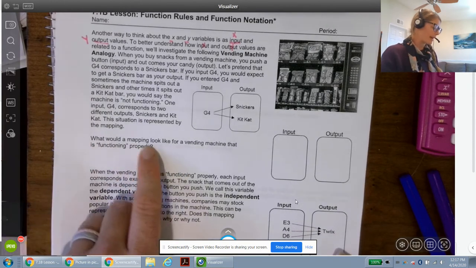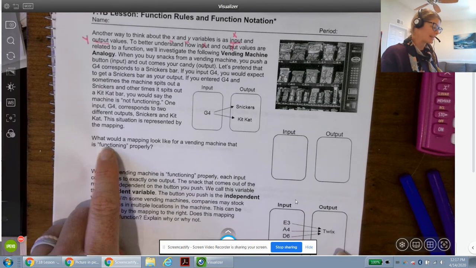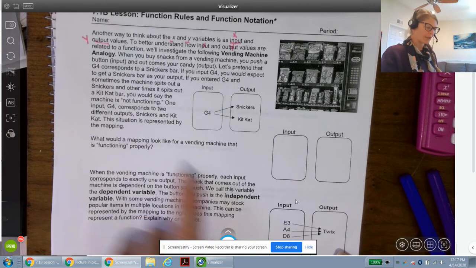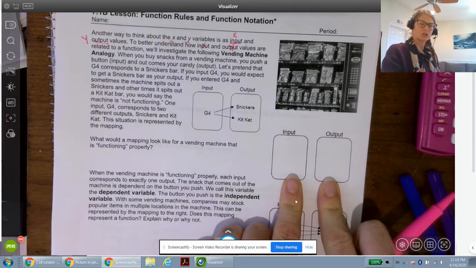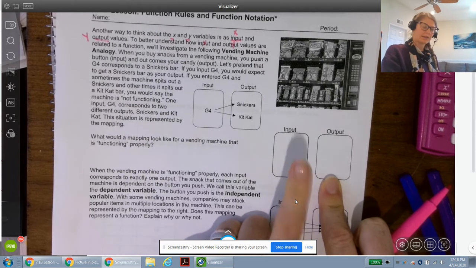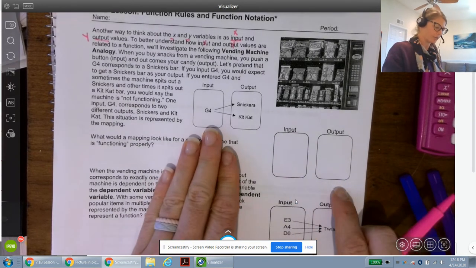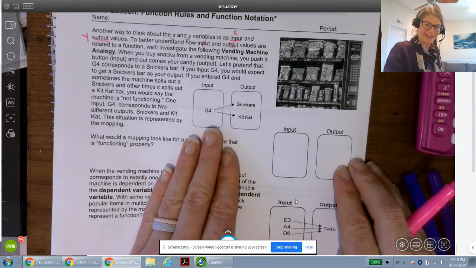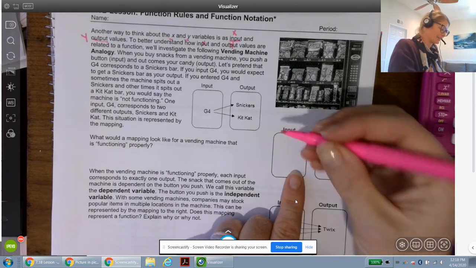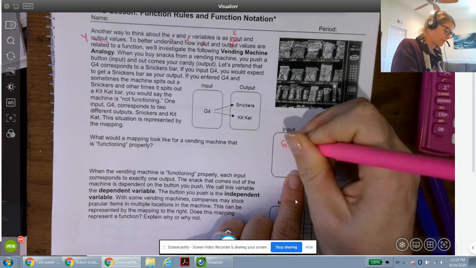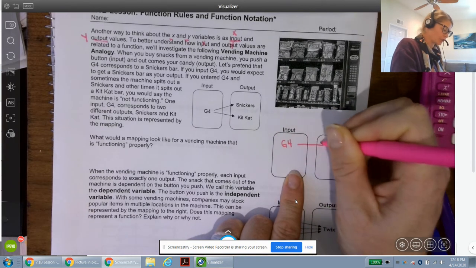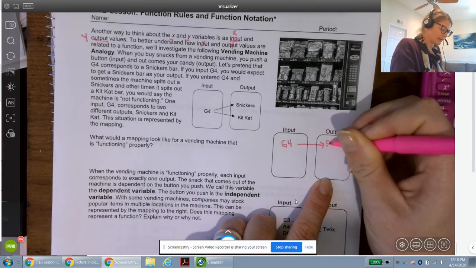So what would a mapping look like for a vending machine that is functioning properly? A mapping has two ovals. The input is always on the left and the output is on the right. If I had an input of G4, it would correspond just to one snack, like just a Snickers.